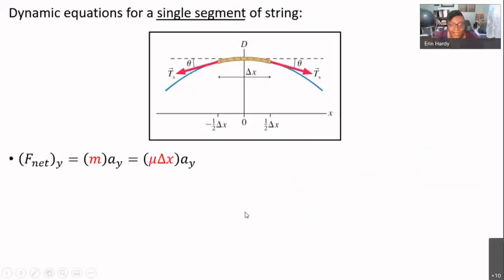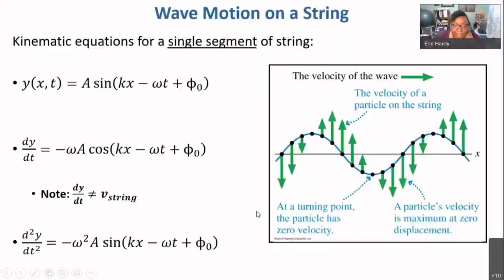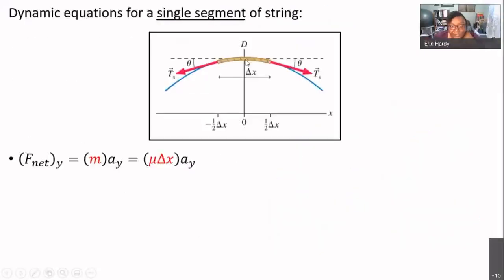If we take a look at just one section of string, a section at one of these peaks, this section is as far away from the horizontal axis as it can get, on the positive side as opposed to the negative side. If we apply the particle model to this one section of string, we can come up with some way to explain the mass of that segment and then apply Newton's second law to it.